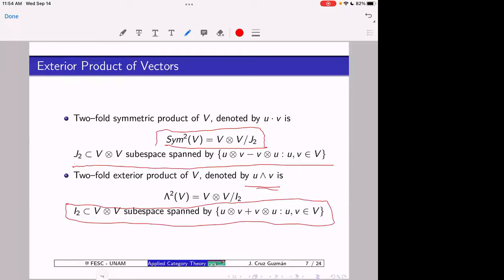Then we are splitting the tensor products here in one symmetric and antisymmetric part. But all of these are multivectors.